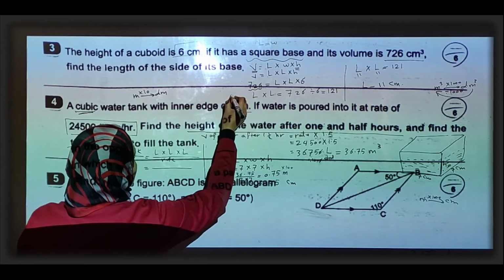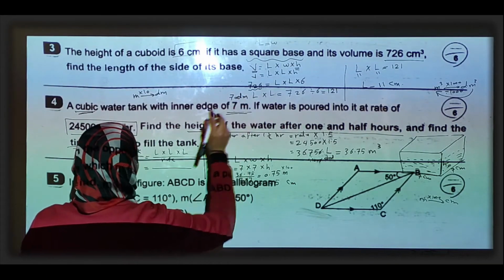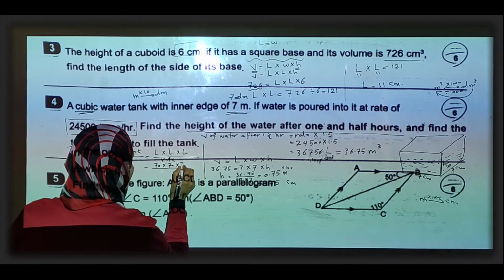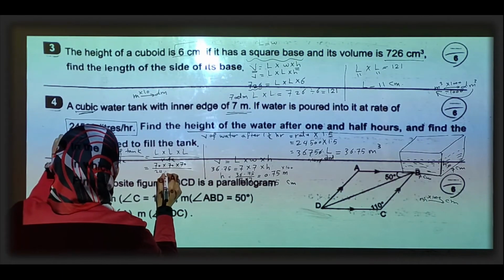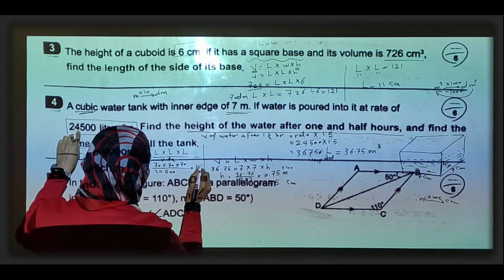So 7 meters equals 70 decimeter. 70 times 70 times 70, dividing the rate 24,500, we get 14 hours.